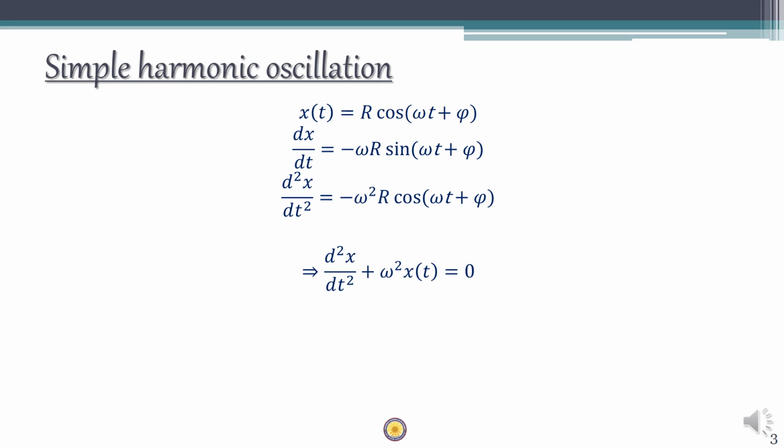So d square x by dt square equals minus omega square into x of t. Taking the negative to the other side, d square x by dt square plus omega square x of t equals 0, we have the differential equation representing a simple harmonic oscillation.